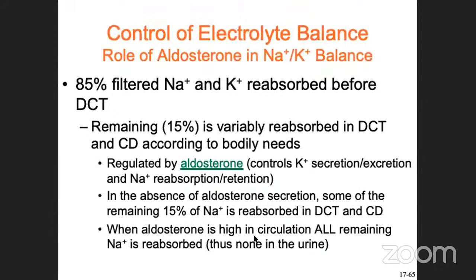The influx and efflux of sodium and potassium antagonize each other, and they must be in balance. If the sodium inside the tubules is low, the potassium most of the time will be high. So in the control of electrolyte balance, we can see the role of aldosterone in sodium and potassium balance.